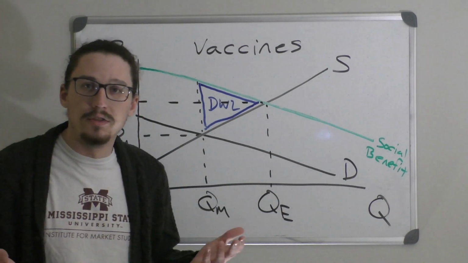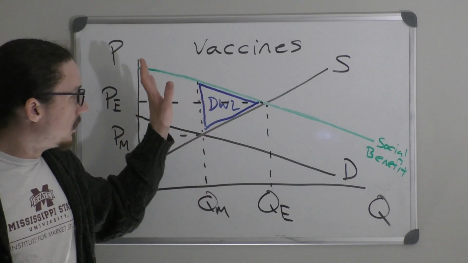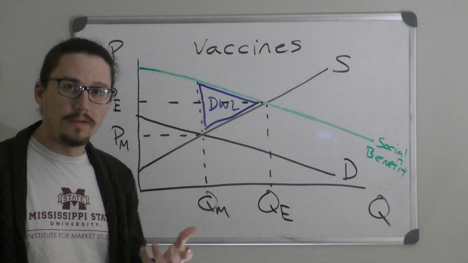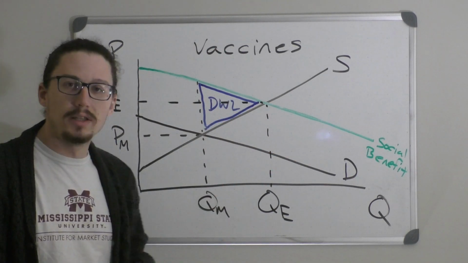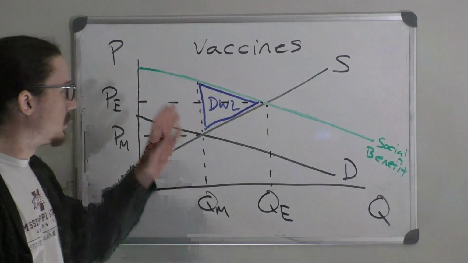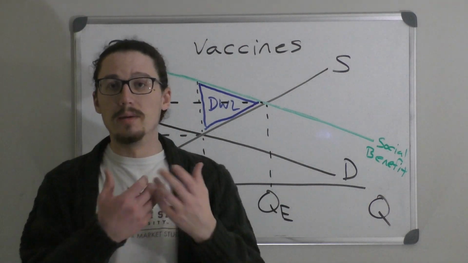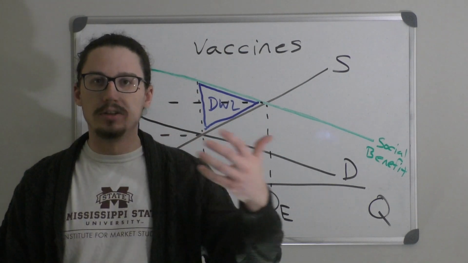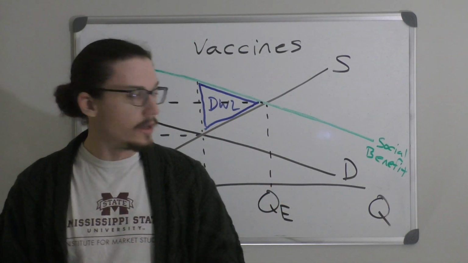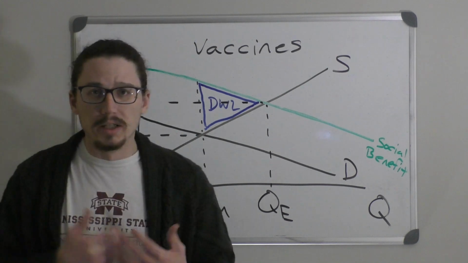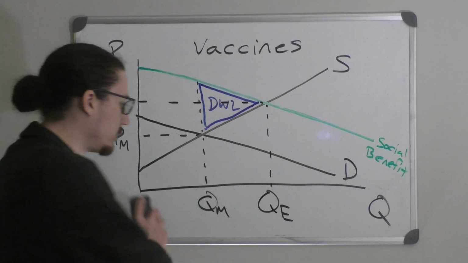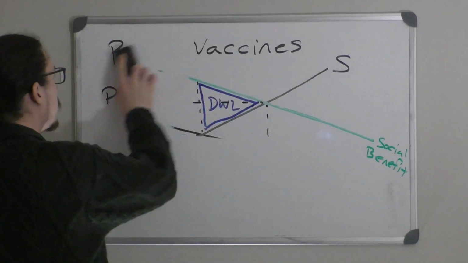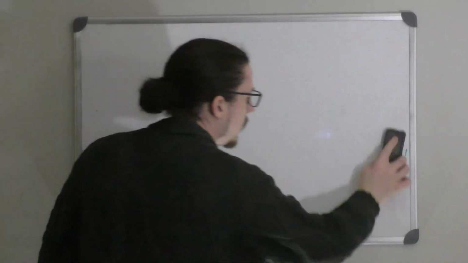So in this case, we wanted more of this product because there was more benefit to be had than the cost of the product. By including those social benefits, we increase the quantity being supplied. So whether this is vaccines or education, we get more of whatever good we're looking at, and we get to take advantage of all of those benefits that come with it.